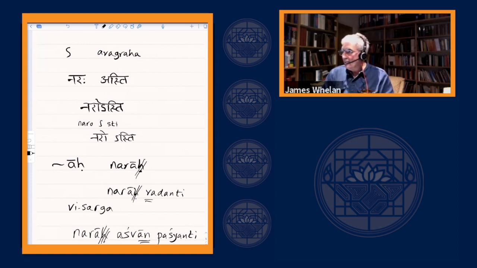Okay, Bob, you're first on my screen. Can you read us sentence 4a? Read it firstly without the sandhi and then with the sandhi. Okay, so without the sandhi, narah mrigam smaranti.